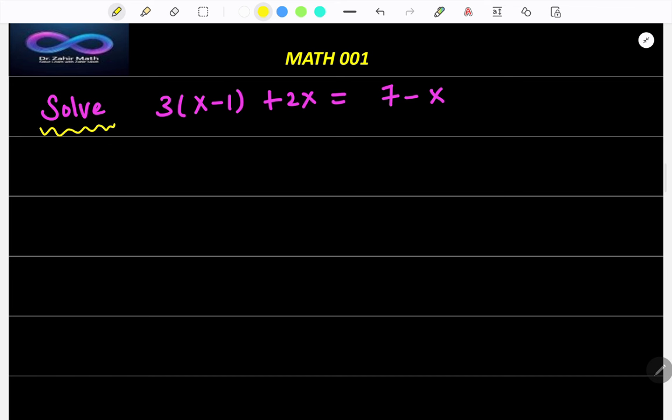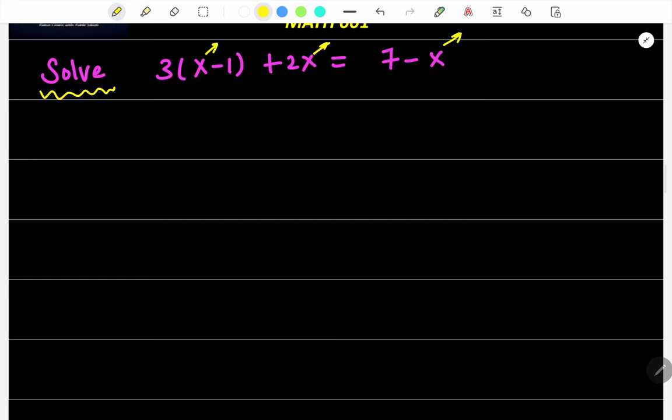Solve the linear equation. Linear equation means what? The power of x is what? 1, right? Yes. So let us start this question. So 3 times x, which is 3x, 3 times minus 1 is minus 3, plus 2x equals 7 minus x. Bring all the x to the left side, numbers to the right side.